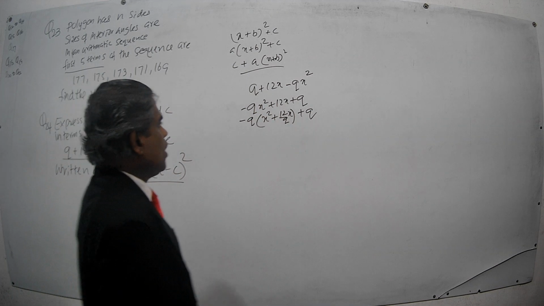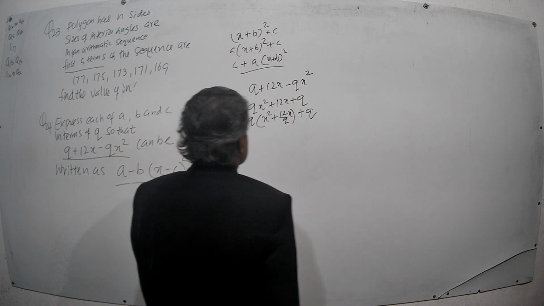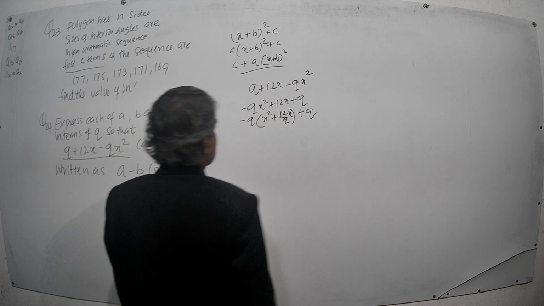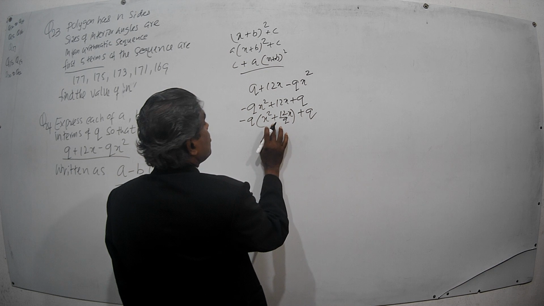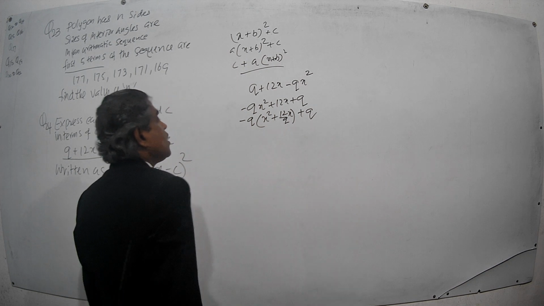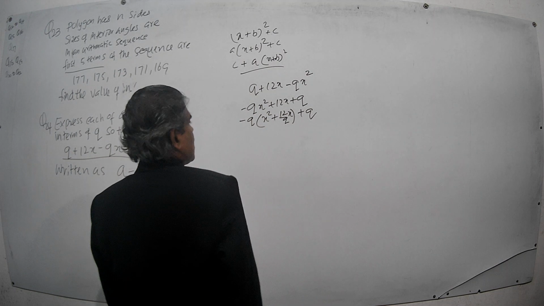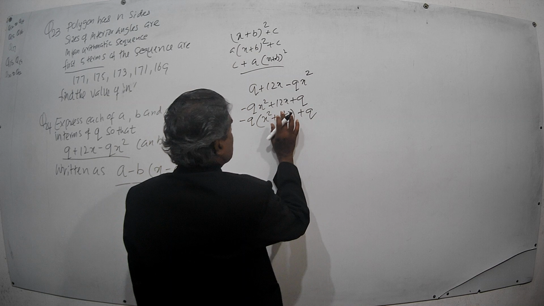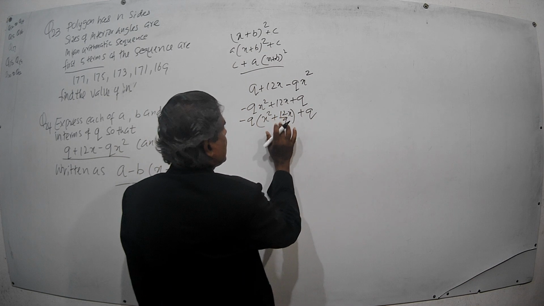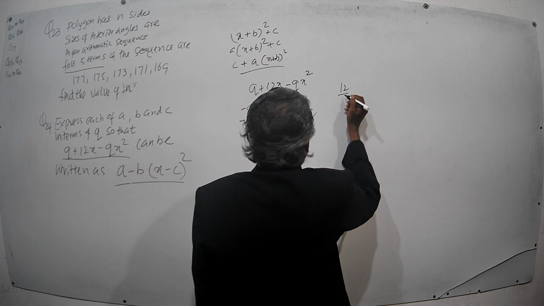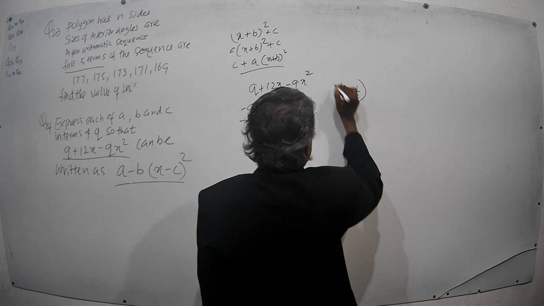Then we write the expression within brackets in completed squares. Take the coefficient of the x term, not the square term, 12 over q, and divide that by 2, which means multiplying by half, and square that.